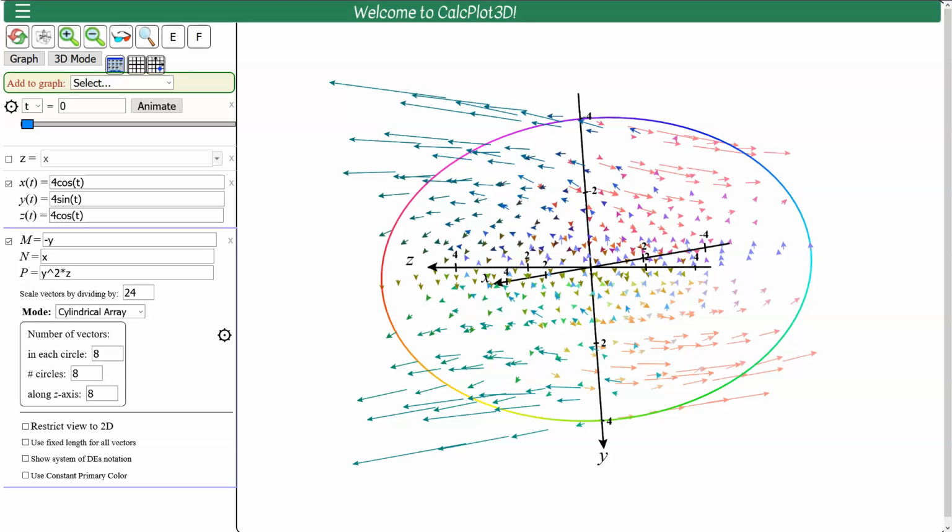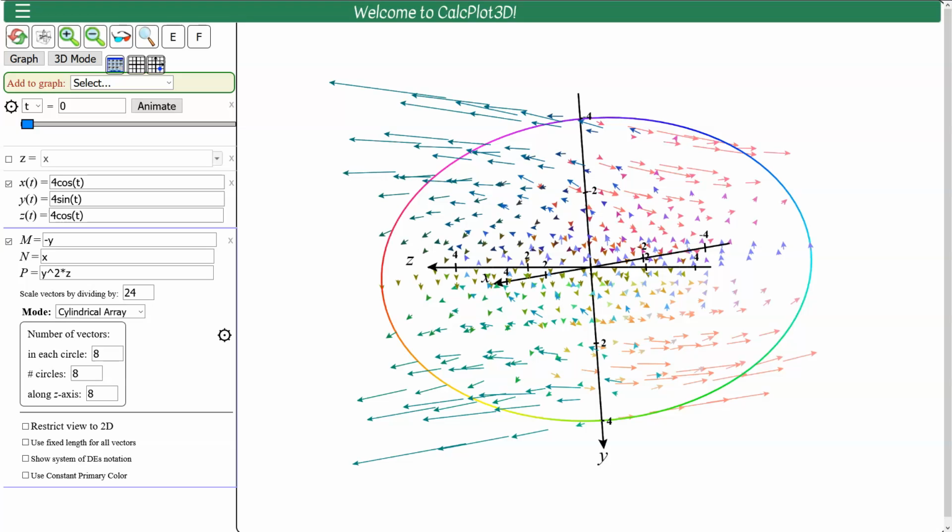They trail off in magnitude, and in the bottom left they're a little bit orthogonal, so maybe a little bit of negative work there.